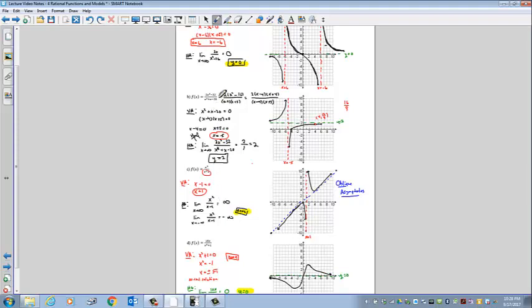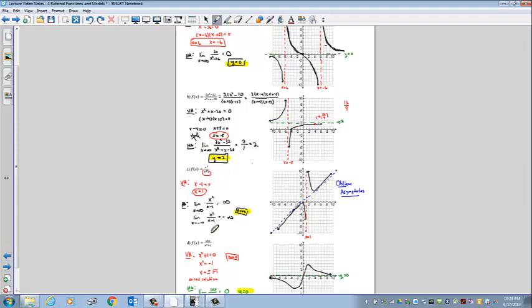And then the third case is when the degrees are exactly the same. So that's part B. So here you have degree 2 on top, degree 2 on the bottom. And when that happens, it's just the leading coefficient on top divided by the leading coefficient on the bottom. So that's why it was 2 over 1, which gave us y equals 2. Right, so you don't really need limits in the case of rational functions because there's only 3 possibilities.